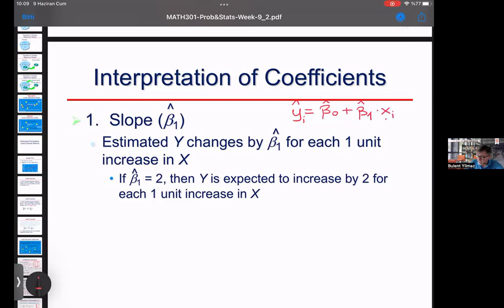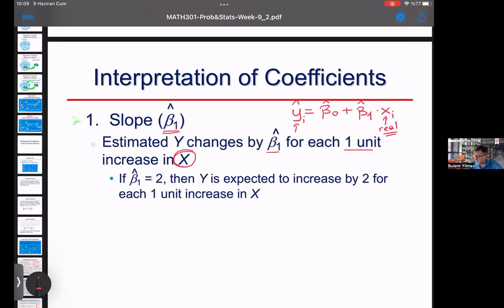This is something like the independent variable, and this is the dependent variable. So what does slope mean here? For a 1 unit increase in x, our slope will tell me how much my data will change in y.